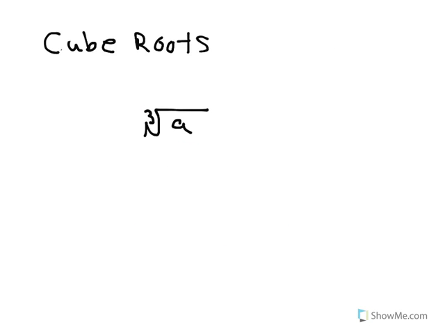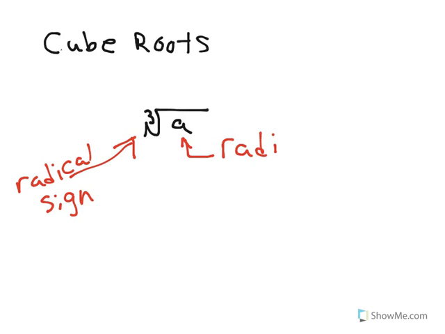Cube roots. In a cube root, again we have our radical sign, and we have our radicand. And this number in the little nook of the radical sign is called the index.